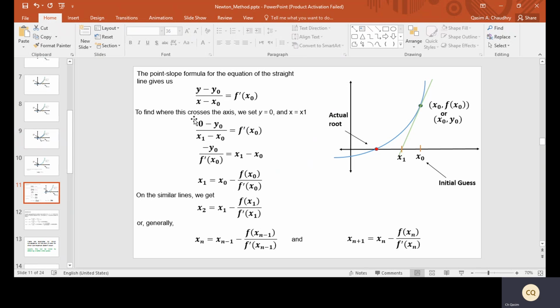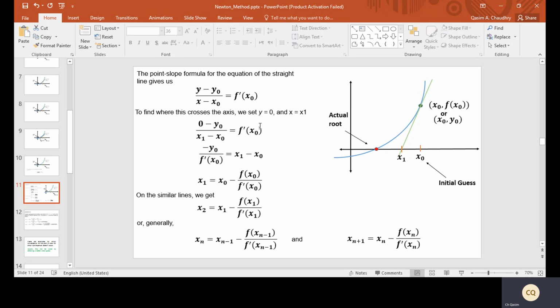Now students, just substitute the values here. So instead of y, we have 0 here, and y naught is the same. Instead of x we have x1 here. For this x naught, this is the same, and that is equal to f prime of x naught. And now students, you just simplify the things.